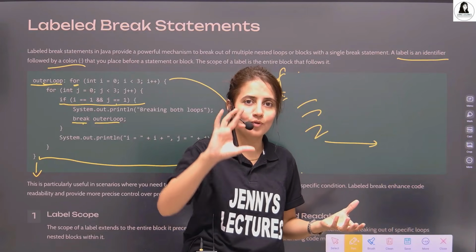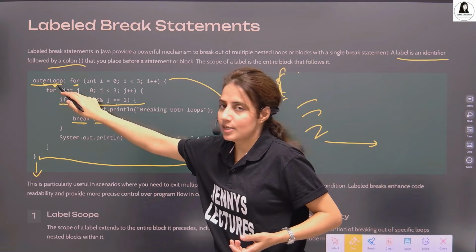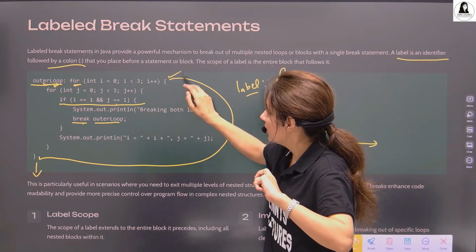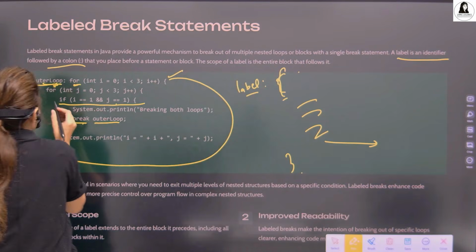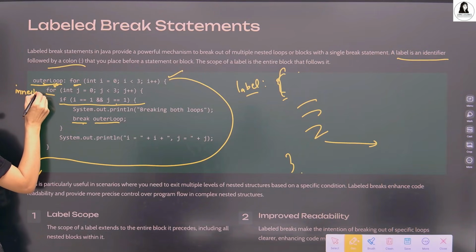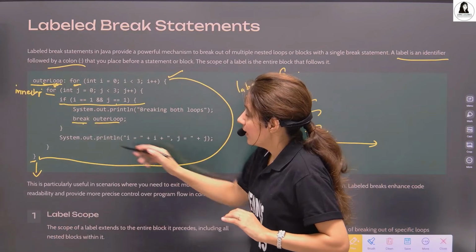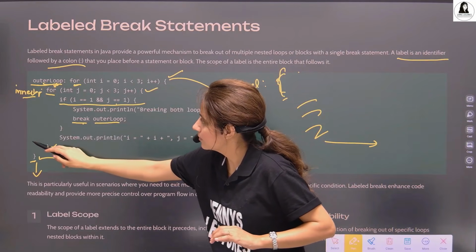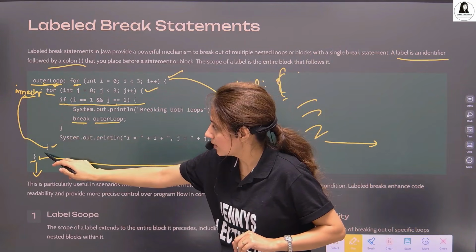And there is also a scope of a labeled statement. This label is for this outer loop, so the scope of this label is from here to here. Suppose I have also labeled this inner loop, and the inner loop's scope is from here to here.